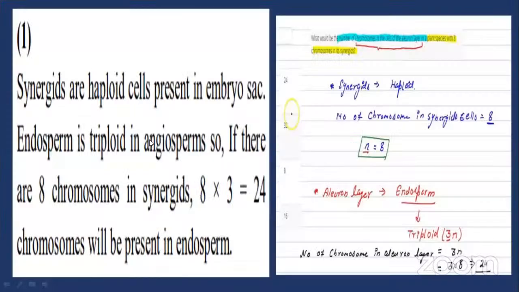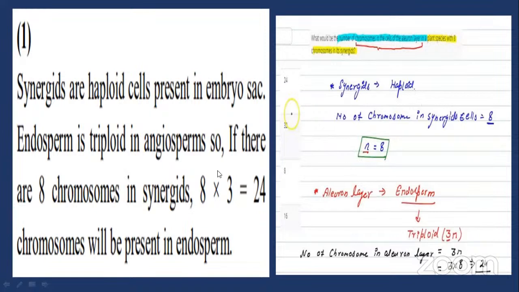See, the synergid is a haploid cell present in the embryo sac. Endosperm is triploid in angiosperms. So if there are 8 chromosomes in the synergid, that means 8 into 3, 24 chromosomes will be present in the endosperm. The same thing is given here also.